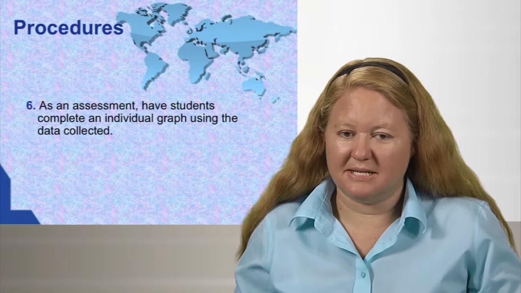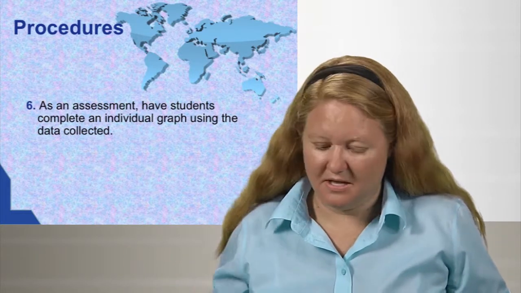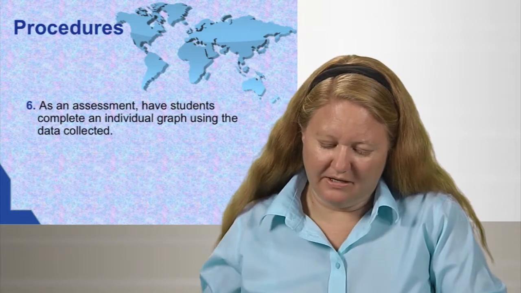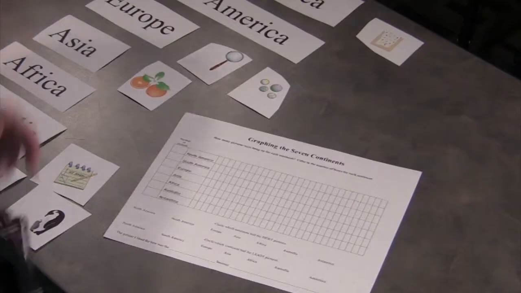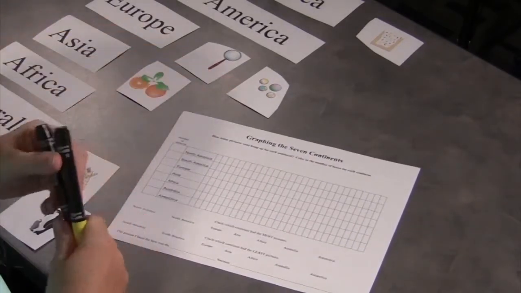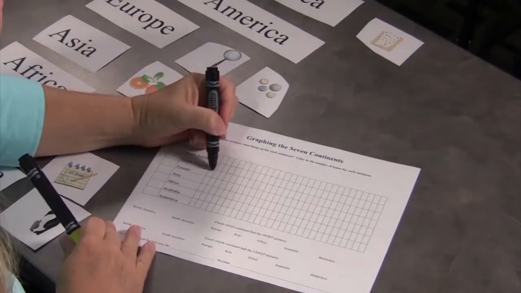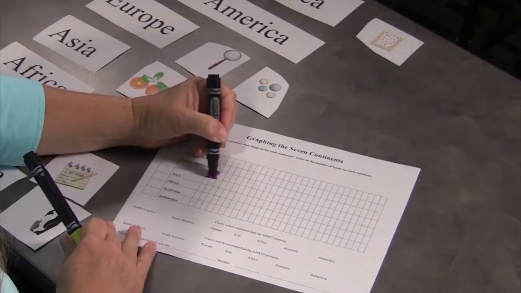As an assessment, have students complete an individual graph using the data collected. So you have a graph here where students, when we're all said and done, they would be able to color the amount of pieces. So going back to ours, Europe has 2. So on Europe, I would color 2 squares.